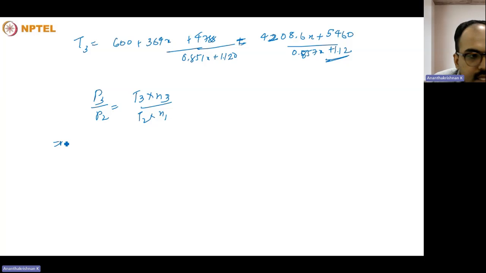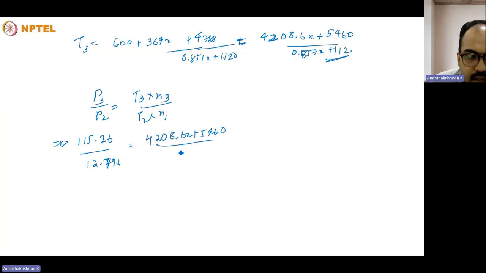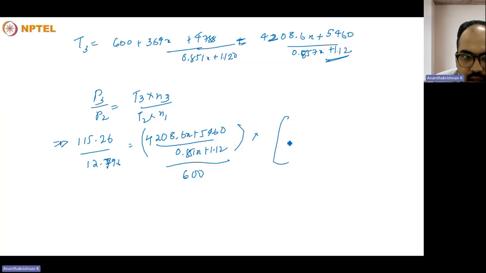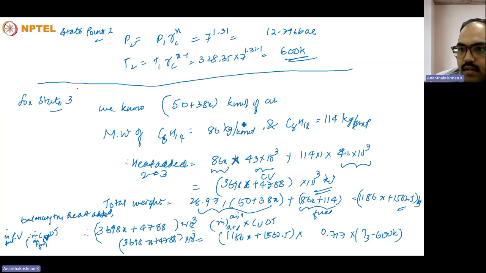So initially this will be 115.26 divided by 12.796, equal to (4208.66 plus 5460) divided by (0.857x plus 1.12), and T2 will be 600. This will be equal to N3, that is the final number of moles after the heat addition.